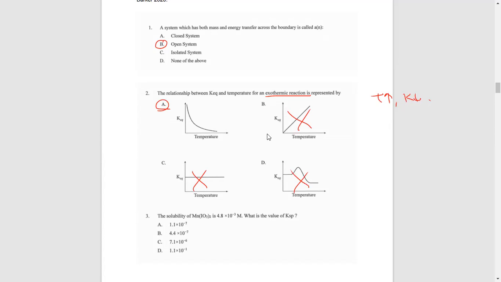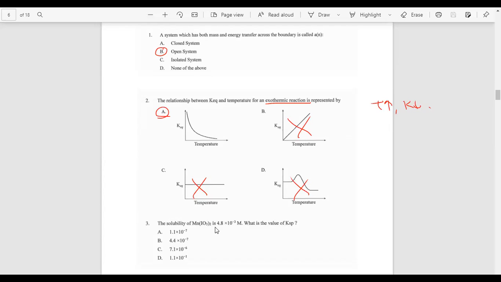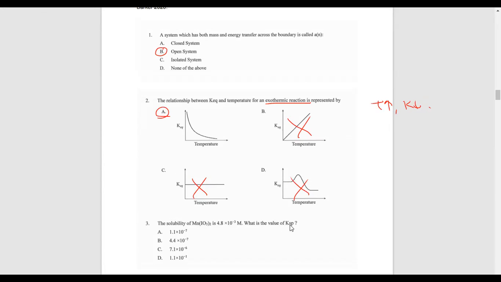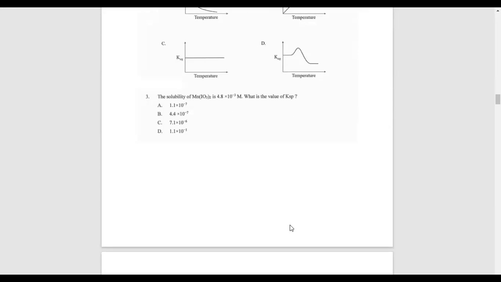Now we're getting on to Ksps. The solubility of Mn(IO3)2 is 4.8 times 10 to the negative 3 mole per liter, and you want to find the Ksp. All right, so let's give ourselves a little bit more space. Firstly, you want to consider how does this dissolve?